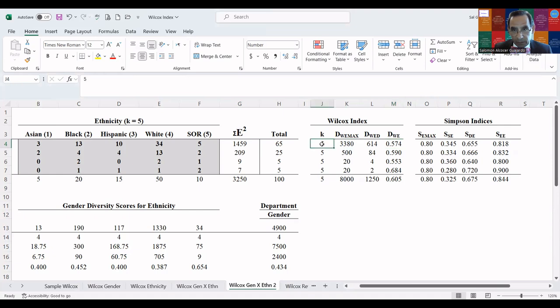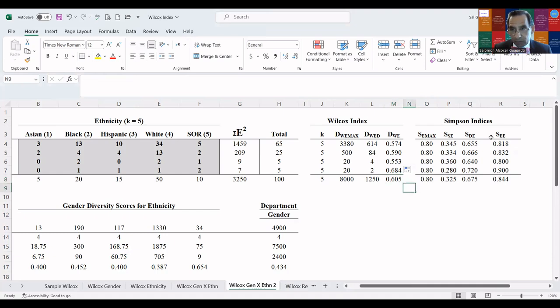And again, if I want, I can drag that formula down, and that gives me, oops, excuse me, hit undo. So let me just go from K4. If I drag that down, that's going to give me the diversity scores for the other groups. K stays constant because there are 5 groups. So for the total organization, the diversity score is 0.605.